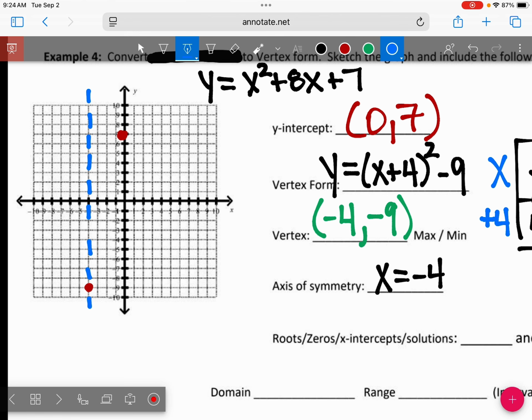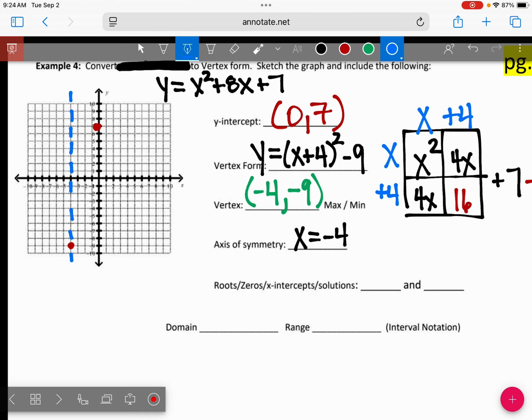All right, so now let's factor this down. In order to factor it, I need 2 numbers. They multiply to give you 7. And they add to 8. Now this is a prime number.